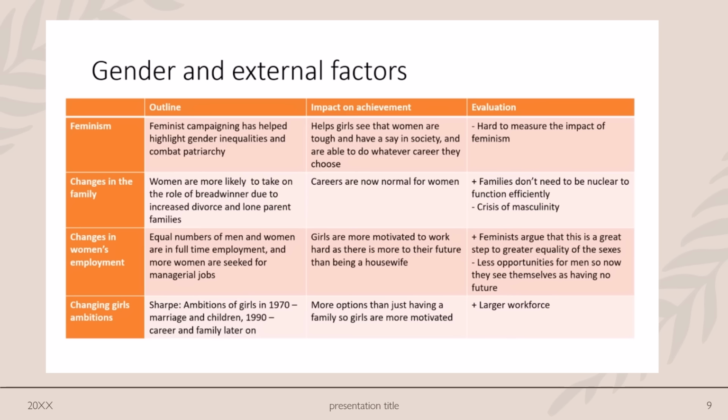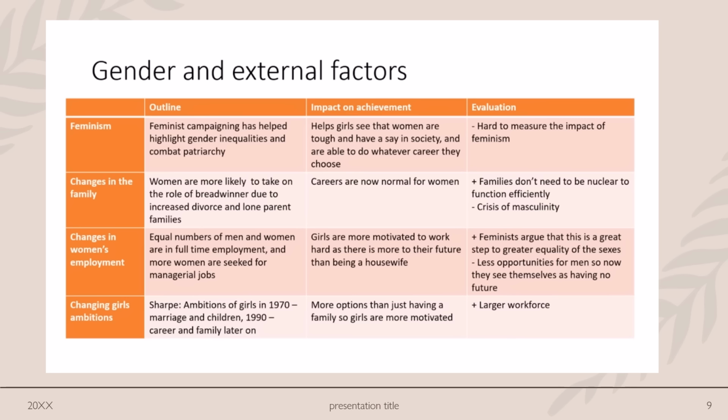Evaluation: feminists argue this is a great step to greater equality, but the downside is that it could lead to fewer opportunities for men, so they may now see themselves as having no future. Yeah, it could happen. Changing girls' ambitions is the next one. Sharpe talks about how the ambitions of girls in 1970 were more focused on marriage and children.